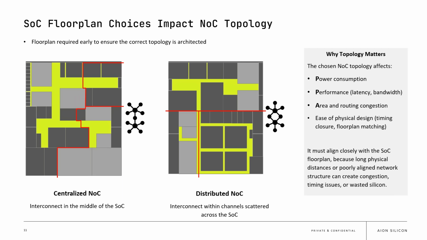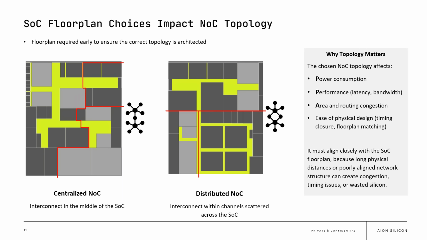You've got your centralized NoC, where you have the interconnect in the middle of the SoC, and then you've got a distributed NoC, whereby the interconnect structure can form at least one loop around some blocks. Now you will come across topologies such as tree, ring, and mesh, and so on. All of these topologies can be reduced to one of these two structures.